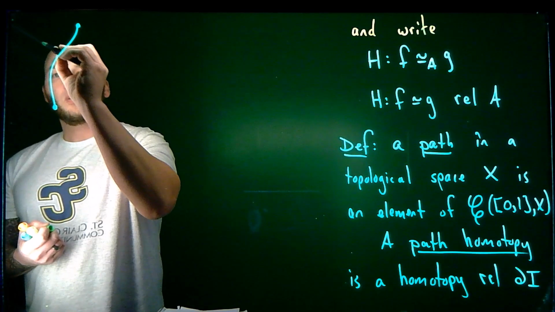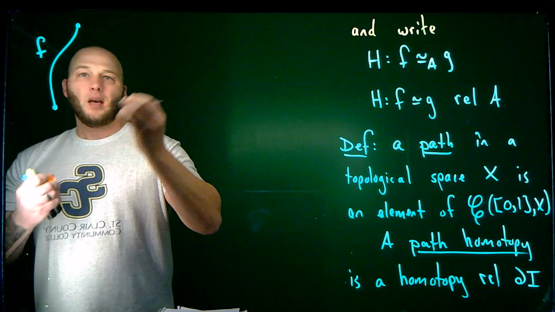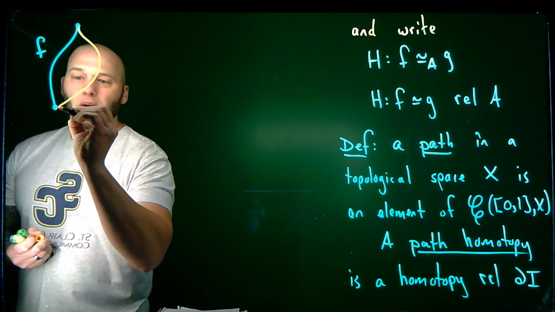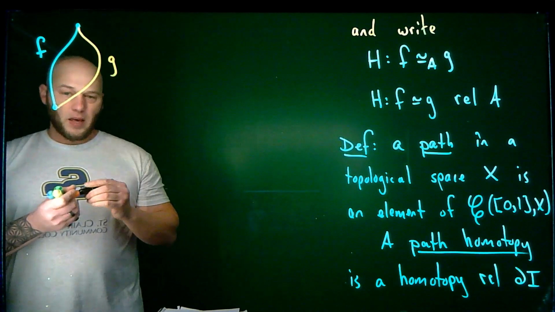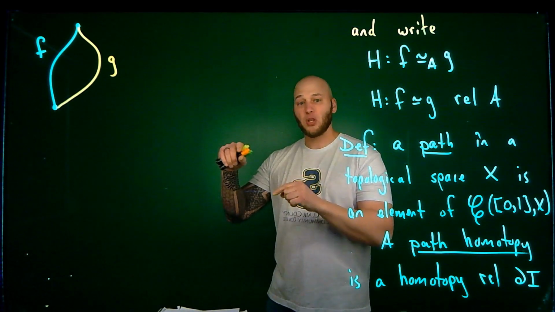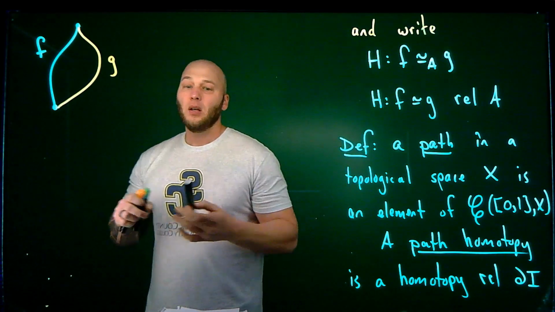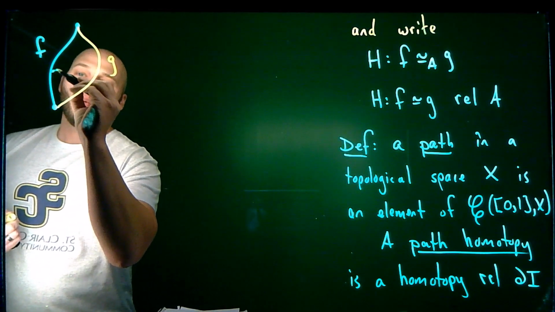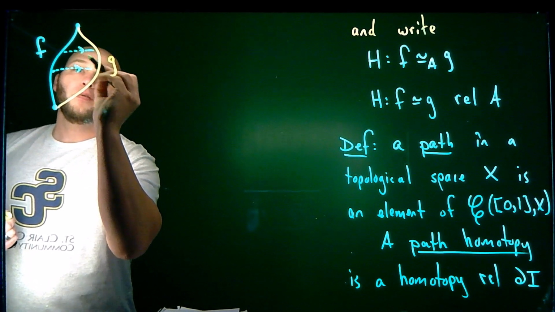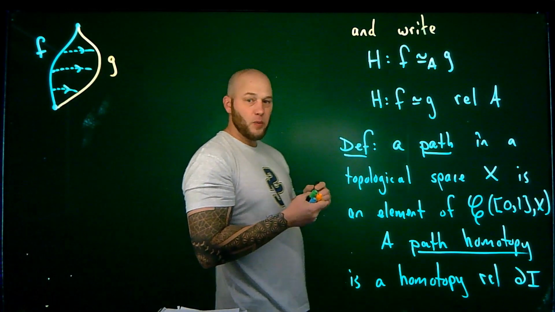This is going to be the path F, and then if I take another path with the same endpoints and come down here, this would be G. Then a path homotopy means it's going to leave the endpoints, which match, fixed, but it's still going to transform F into G continuously. So I'm going to have this one parameter family of maps that transforms F into G, but leaves the endpoints fixed.